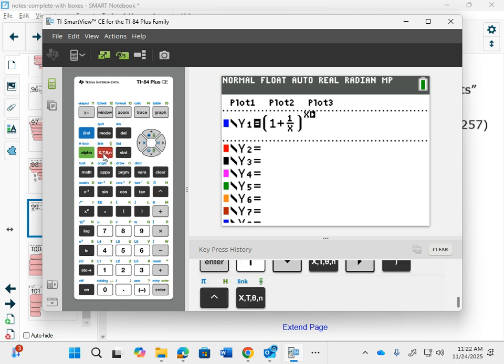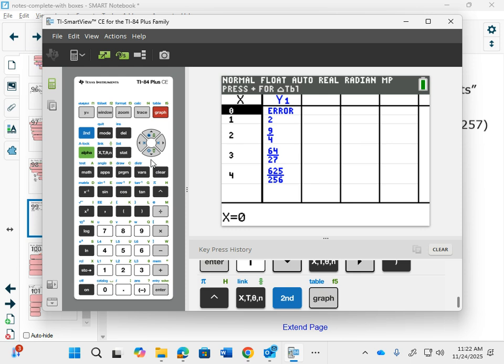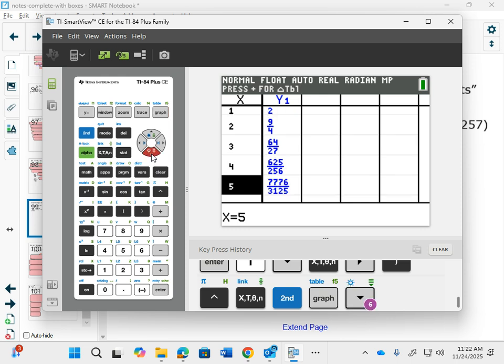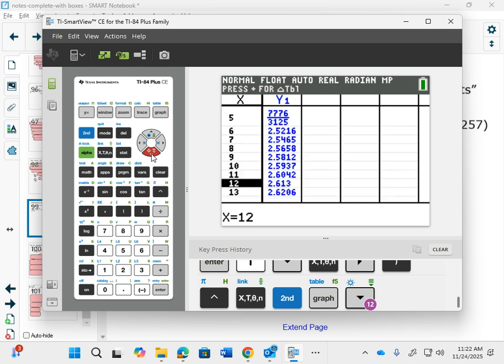So the idea is, as x gets bigger and bigger and bigger, this looks intuitively, I think if x is 1,000,000, the inside is 1. 1 to any power should be 1. I think it's 1. But actually, if we look at a table of values, we get higher and higher.